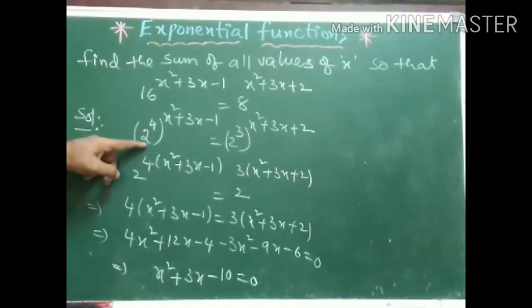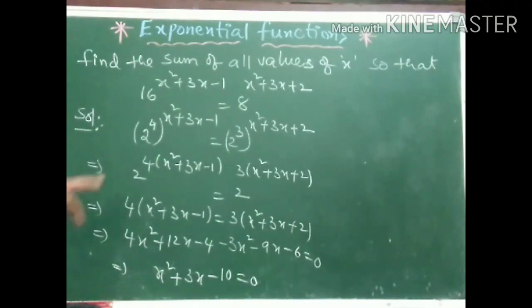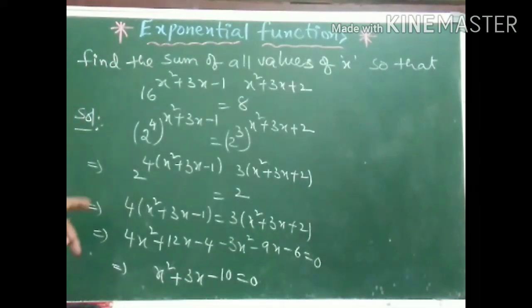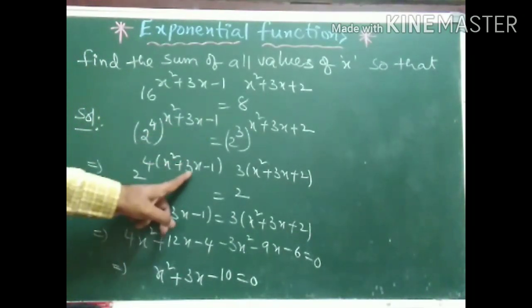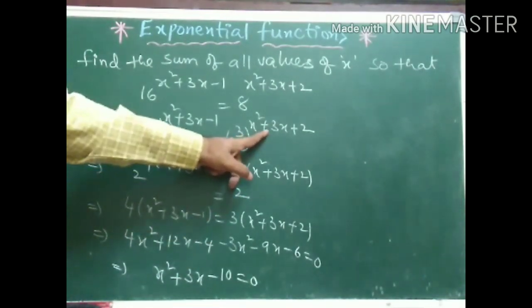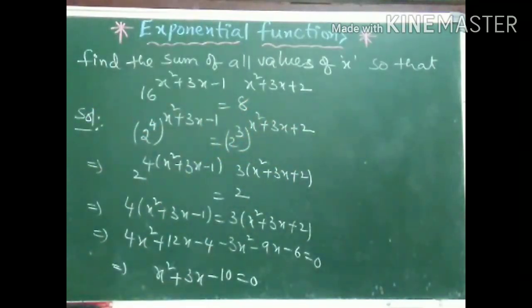And according to the property, a to the power of x into y is a to the power of xy. Hence I can write 2 to the power of 4 into (x square plus 3x minus 1) is equal to 2 to the power of 3 into (x square plus 3x plus 2).